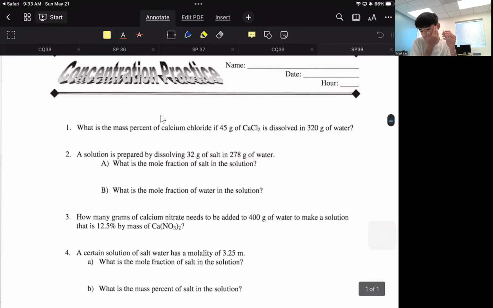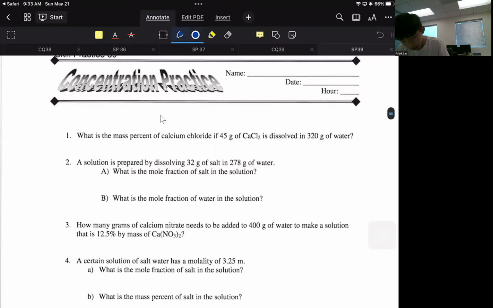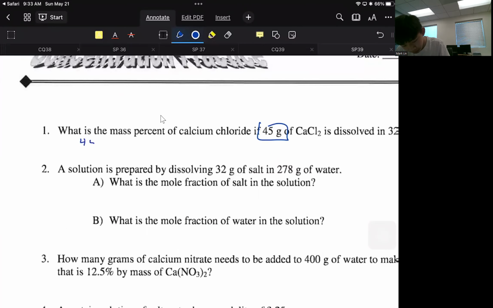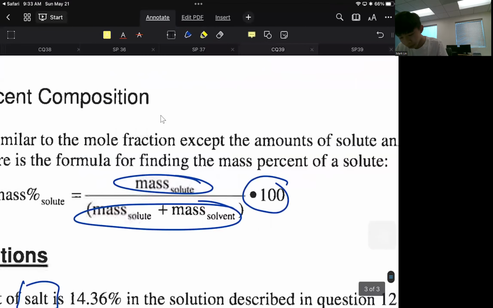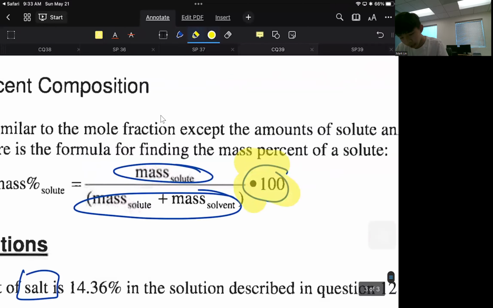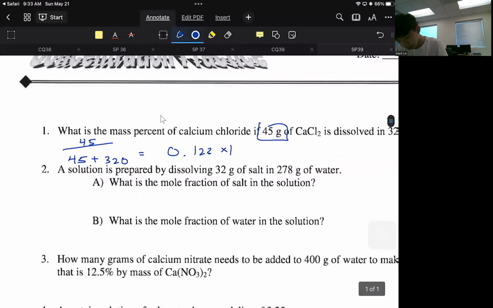In this case, the solute is 45 grams, so it's 45 over solute plus solvent, 45 plus 320. That gives 0.123, and you multiply it by 100 to get 12.3%.